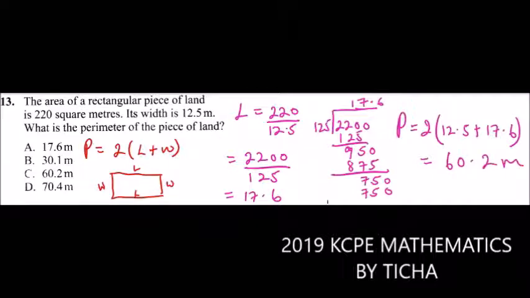So that is the perimeter. So the correct answer here is C. But note that you have already been given the answer 17.6 as A. So if you check your answer before you even complete working out, you are likely to mess up and not get the correct answer. So you should be very careful.